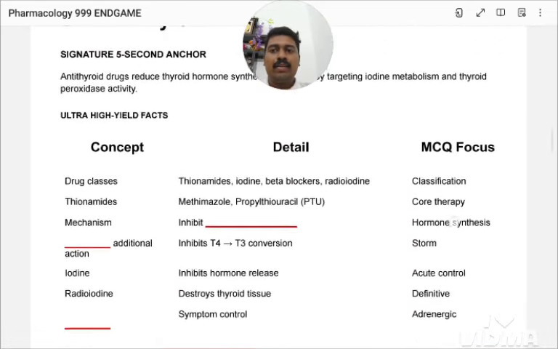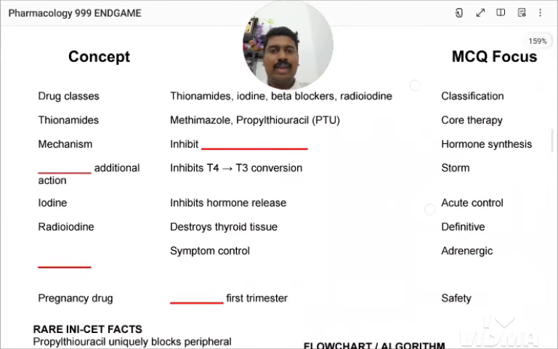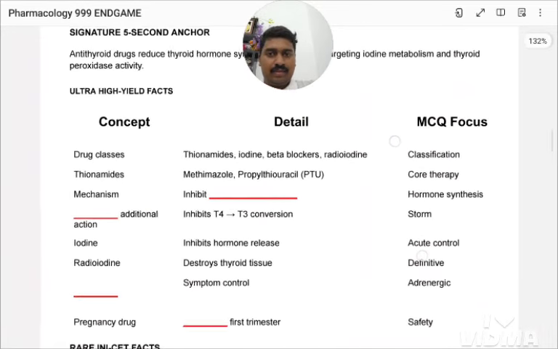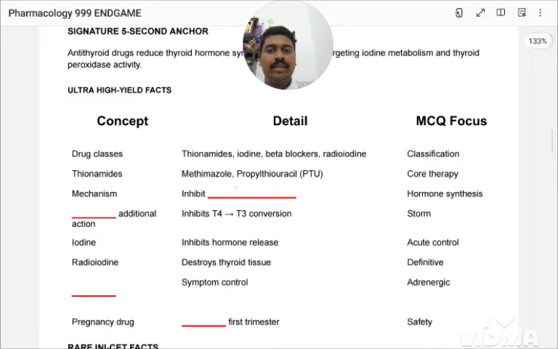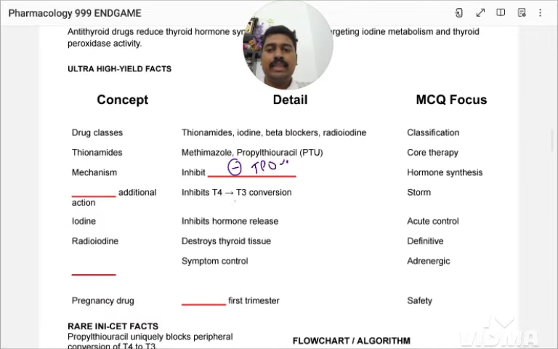So we will go through the questions quickly. Mechanism of what is this? Mechanism of both of these is inhibition of thyroid peroxidase enzyme. Next, which drug has the additional action of inhibiting T4 to T3 conversion? Yes, very good, it is propylthiouracil.